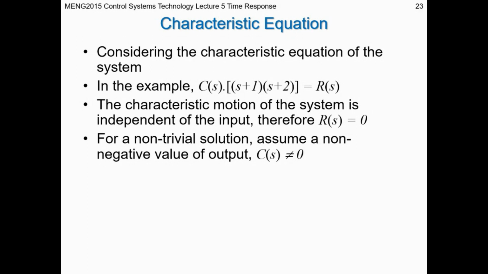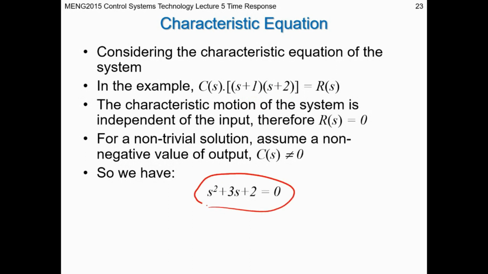For a non-trivial solution, if we set C equals 0 as well, then it becomes a trivial solution, because obviously 0 equals 0. But for a non-trivial solution, let's say that C does not equal 0. So that means that we have to set the parts inside the brackets, our characteristic element, as 0, and that's what gives us our characteristic equation.